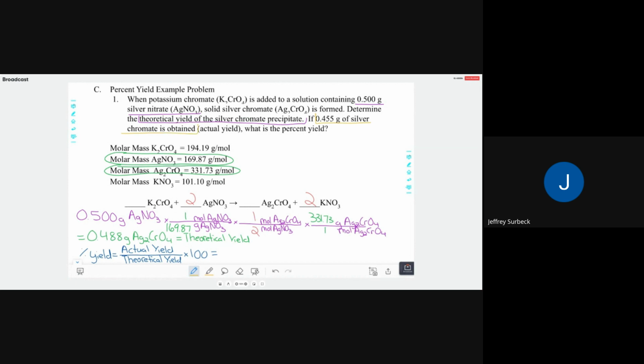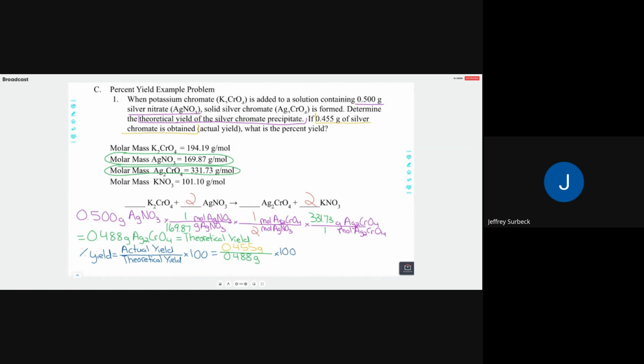So on top here, I'm going to go ahead and put 0.455 grams, all divided by our theoretical yield, which is why we did all that stoichiometry, which is 0.488 grams. And we can't forget to multiply by 100.